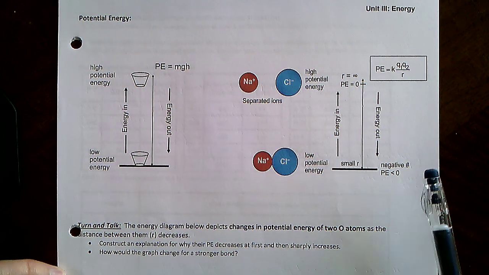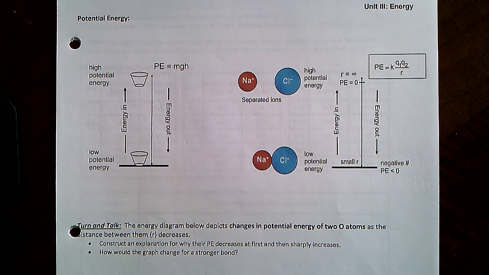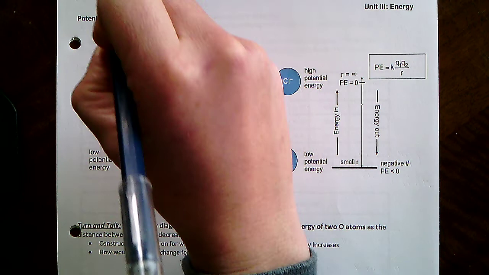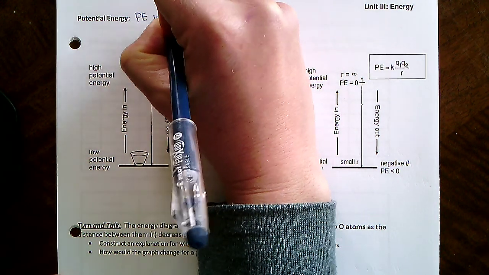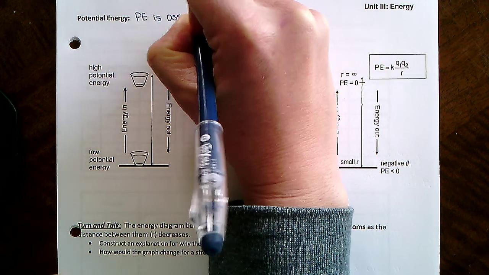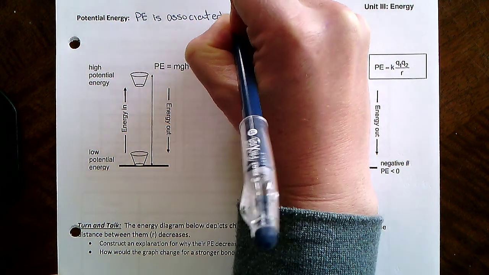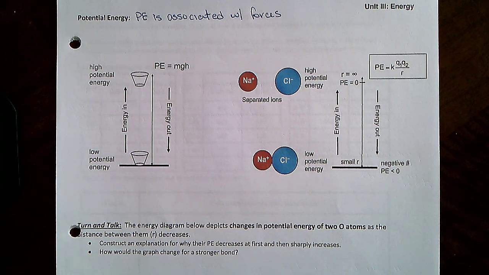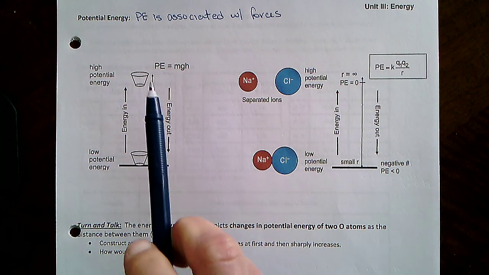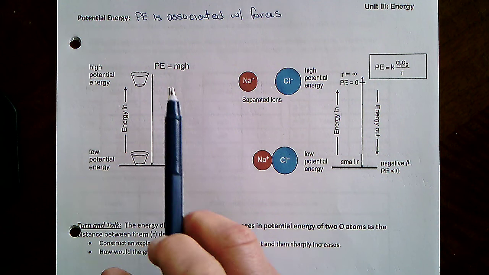So if you've taken physics, you might have some experience thinking about potential energy. So I'm going to start with what you might know. I've said before, potential energy is associated with forces. So it's basically a force applied over a distance.